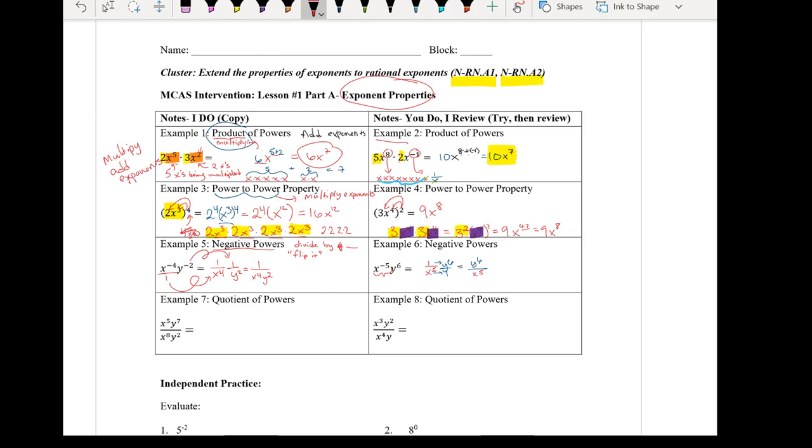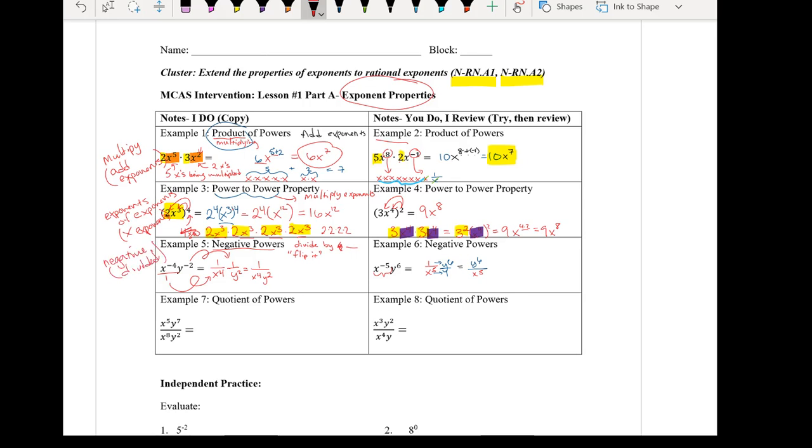We talked about exponents of exponents, and that meant we multiplied exponents. When we had negative exponents, we divided.